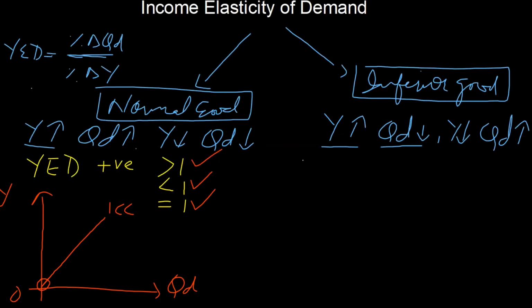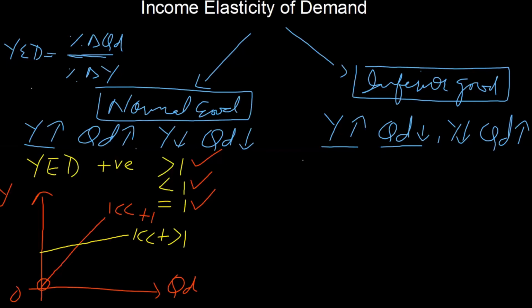Now we can see an overall situation of all these three coefficients. When income elasticity of demand is equal to 1, ICC would be like this, and we can show it as +1. Income elasticity of demand is +1, and if income elasticity of demand is greater than 1, then we can draw another ICC, which shows elasticity greater than +1.